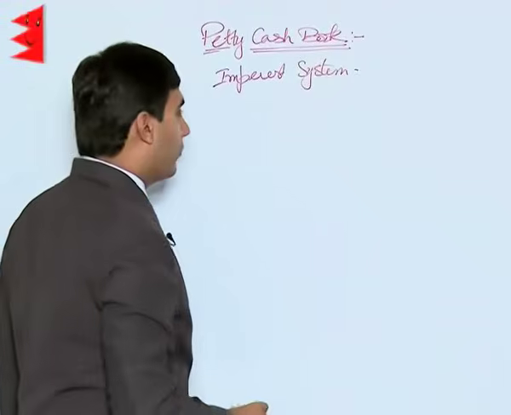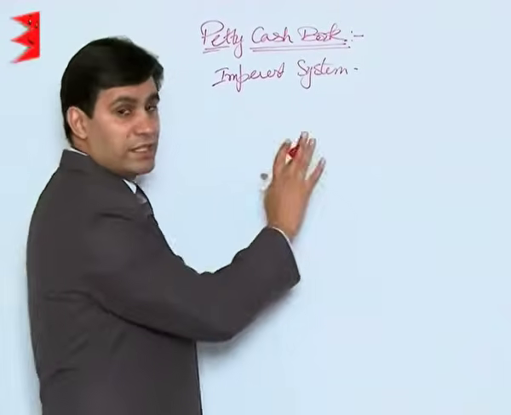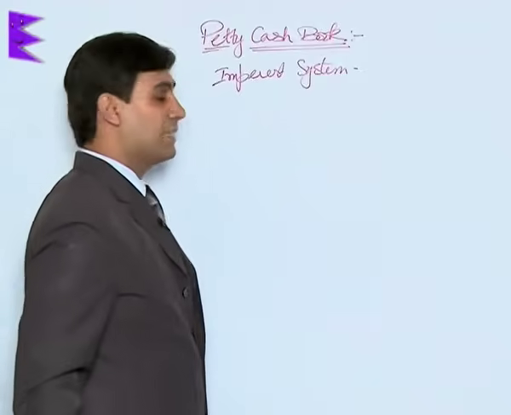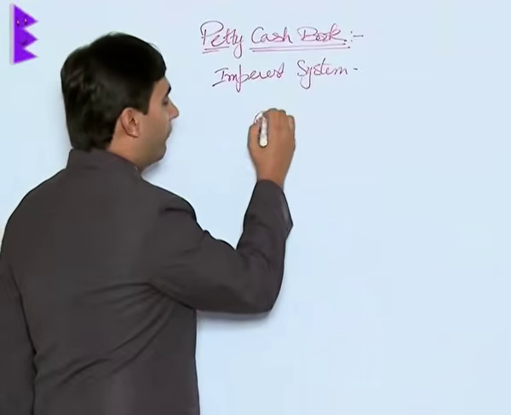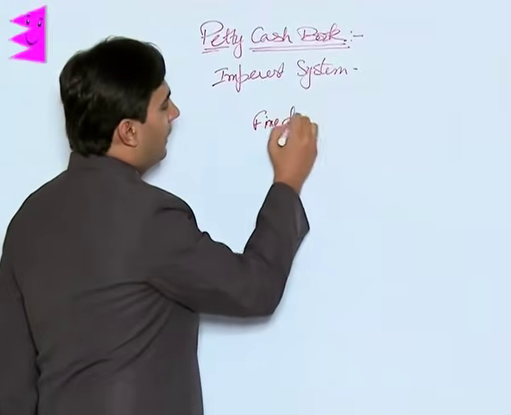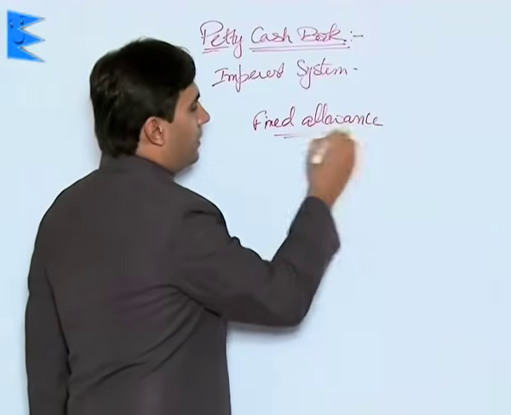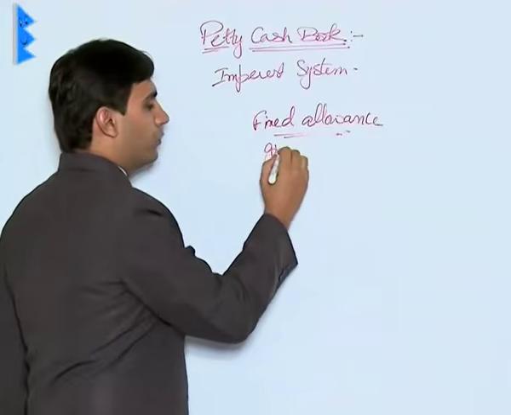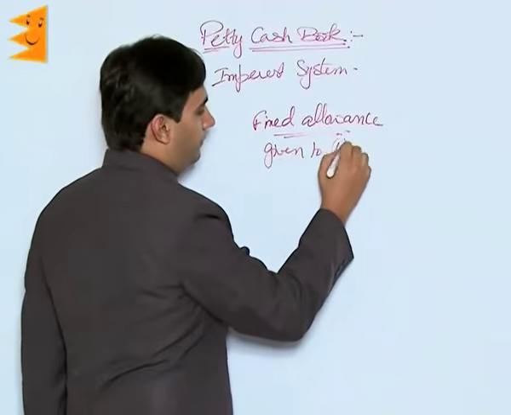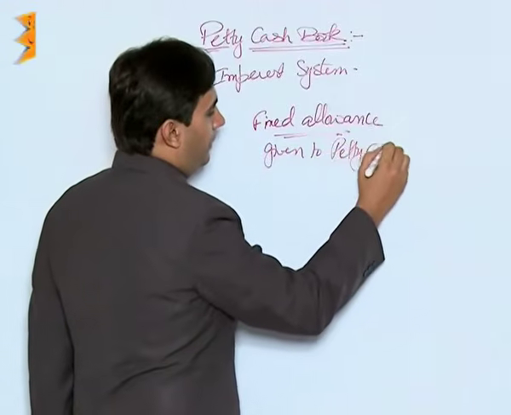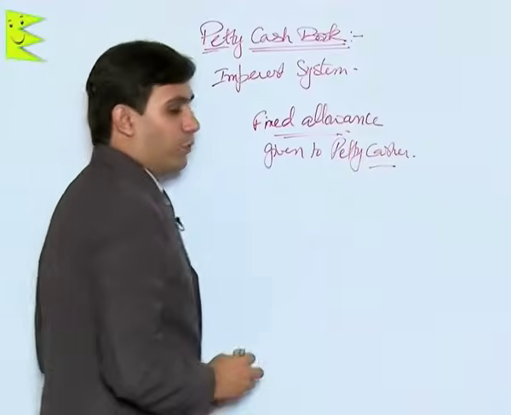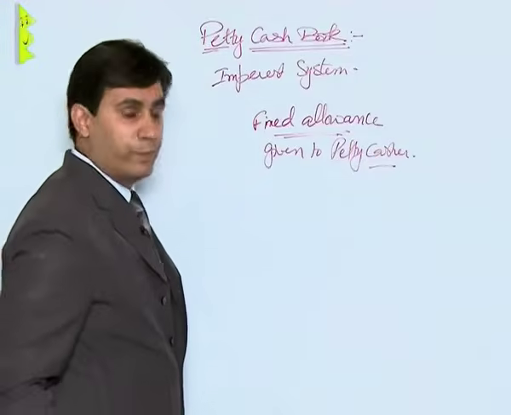Now students, what is imprest? Imprest is something of the nature of fixed allowance that is given to petty cashier. Now, this fixed allowance is called as imprest.